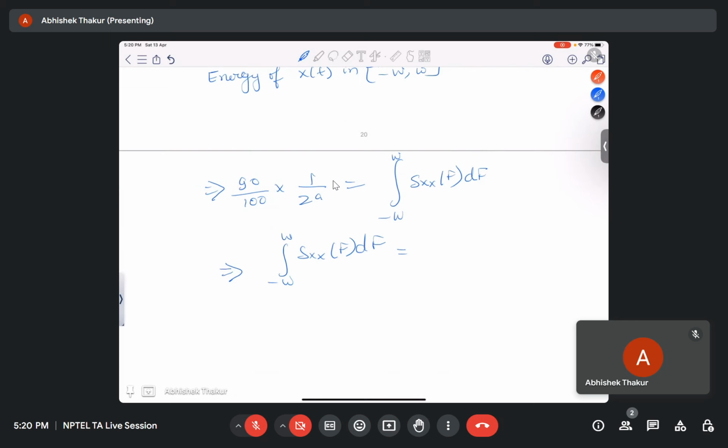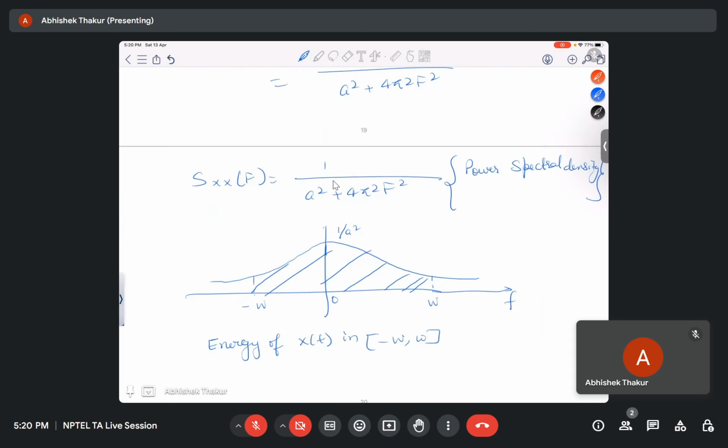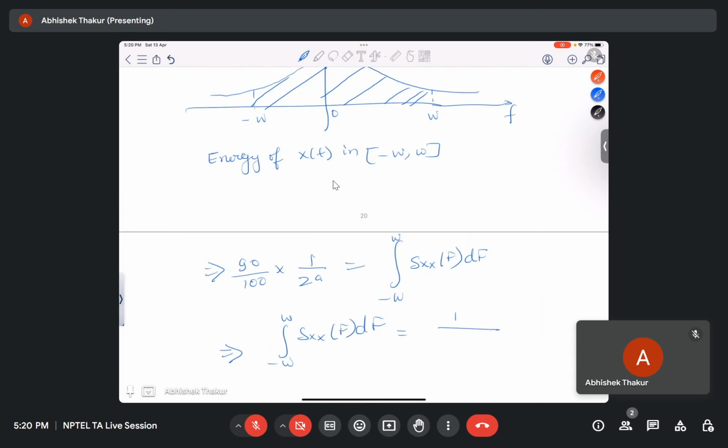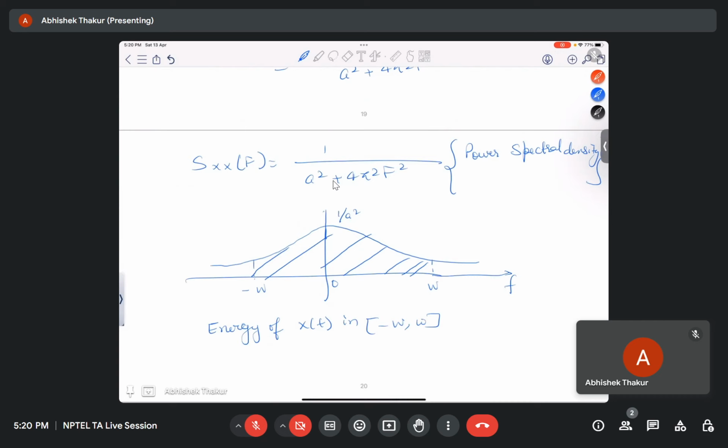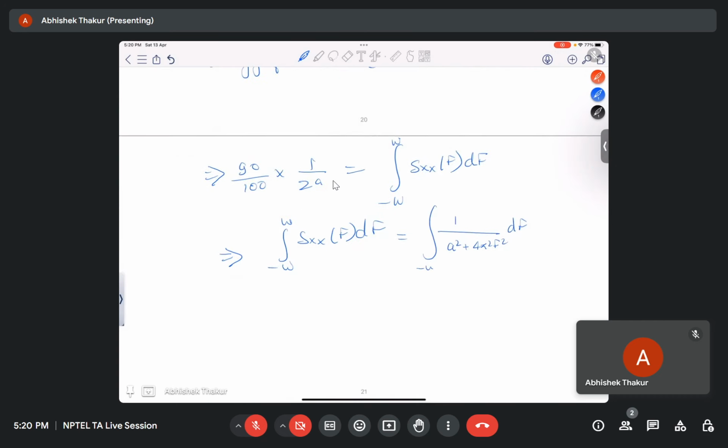So here we can write the integral of 1 by a squared plus 4 pi squared f squared with respect to f, and the limit is from minus omega to omega, and this value is 0.9 by 2a.